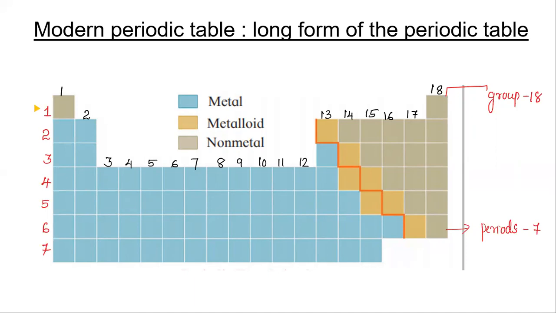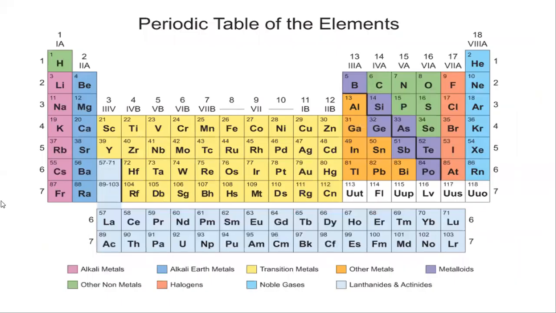Now here you can see the symbols of the elements written: H for hydrogen, then helium, lithium, beryllium, etc. The arrangement of these periods and groups results in the formation of boxes.